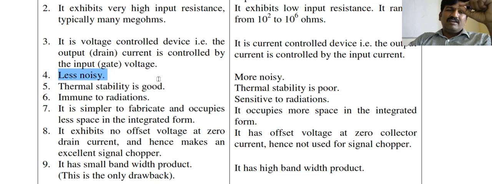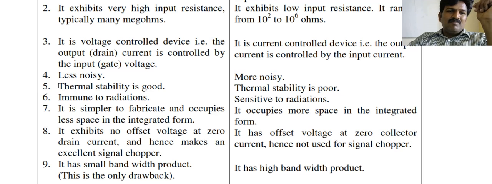Okay, so that you have less noise. At the same time, the BJT is more noisy. Why? Because in the BJT, the current is due to the mobility of both holes and electrons, which is the reason for more noise.